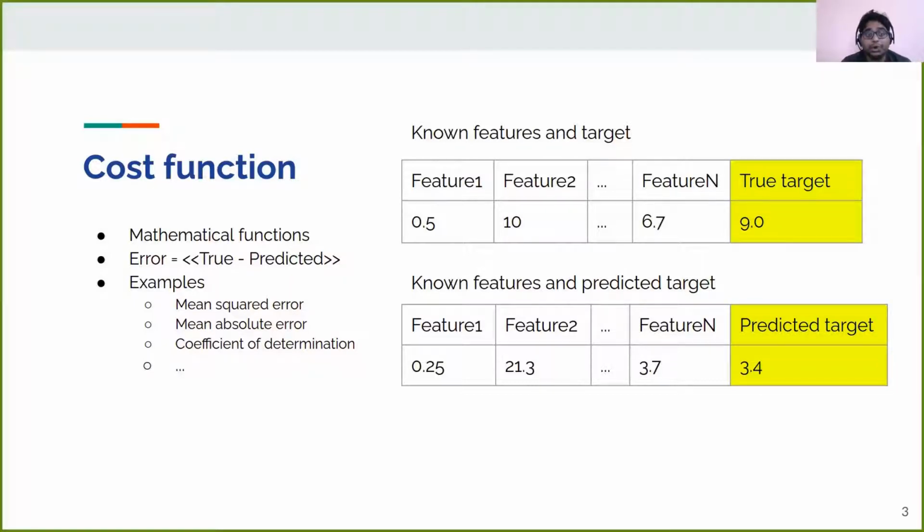If the error is too high, then we assume that the algorithm, the regressor, is not performing very well. If the error is very low, then we say that the regressor is performing very well. Some common examples of cost functions are mean squared error, mean absolute error, coefficient of determination, and so on.